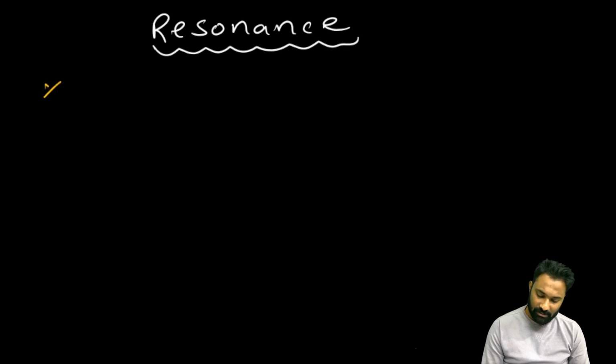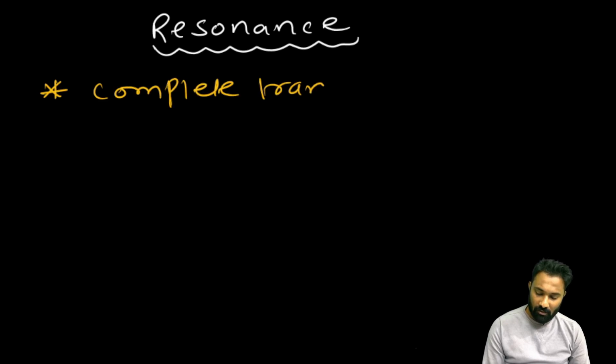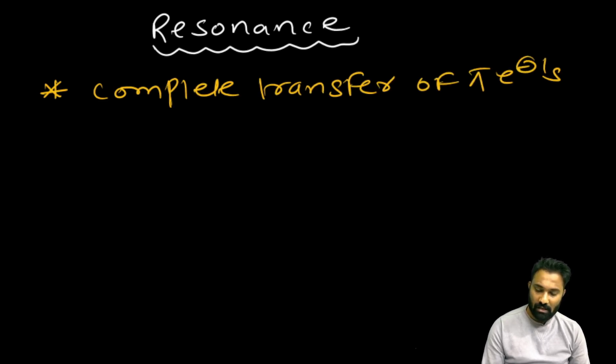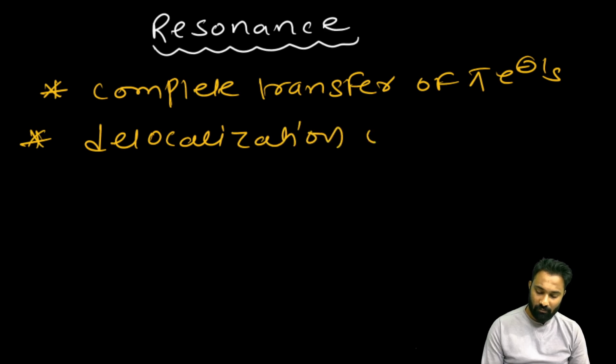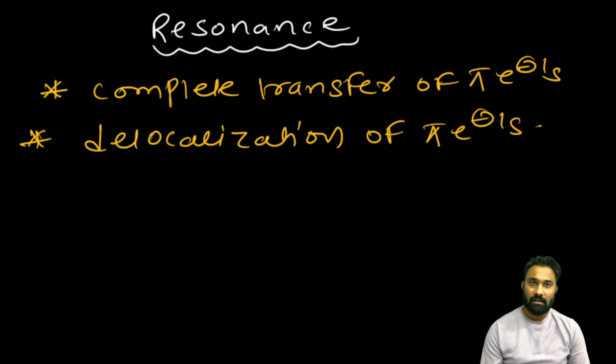Resonance is nothing but complete transfer of pi electrons, or delocalization of pi electrons, is known as resonance. Clear? Whenever I use the term resonance, you should remember that resonance is nothing but complete transfer of the pi electrons or delocalization of the pi electrons.